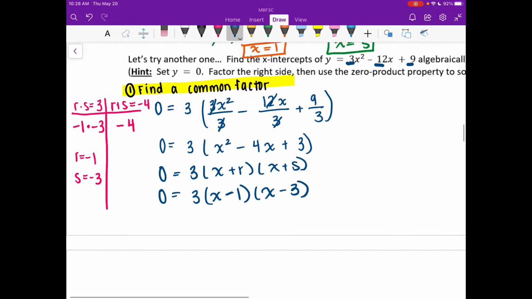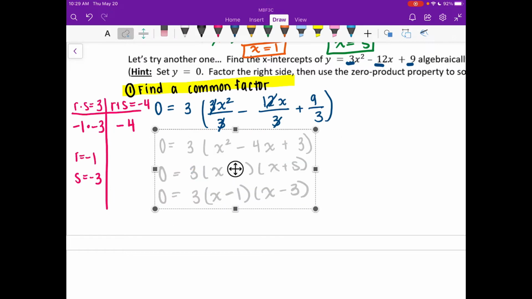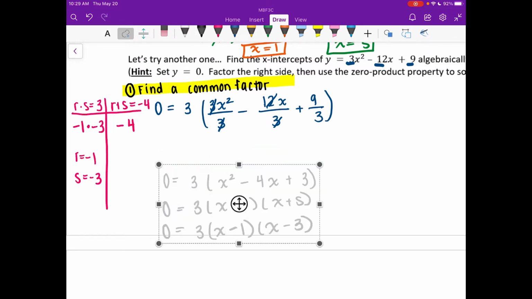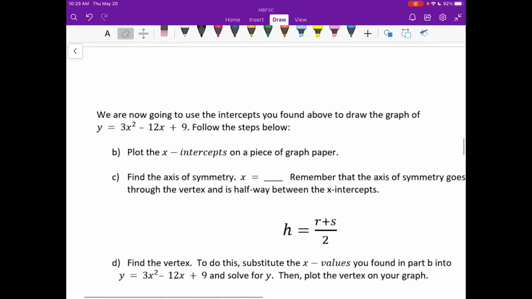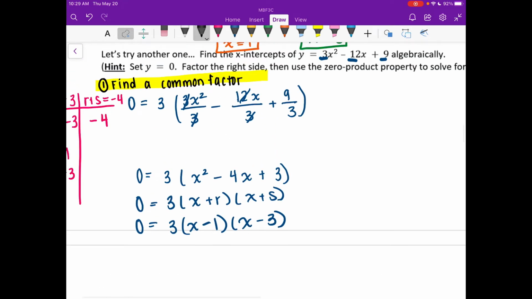Now, after we find that, because I'm so used to doing this so seamlessly, I forget to write in my steps, but I'm going to write in my step, don't worry. So then step 2 is factor the trinomial in brackets.